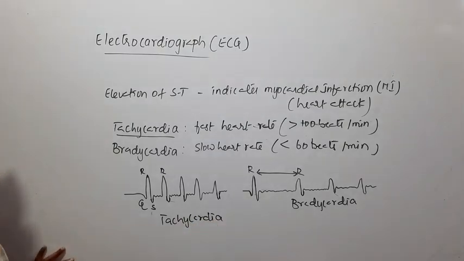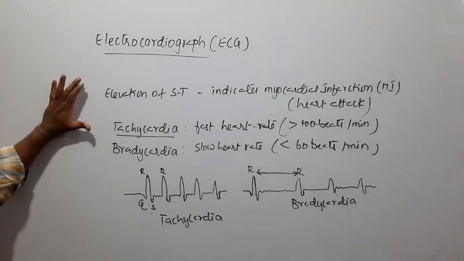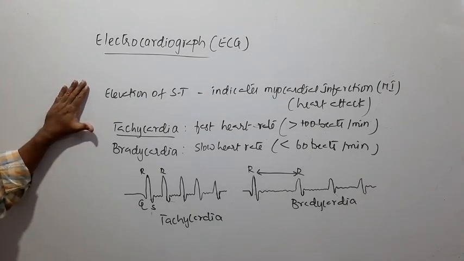Like this, by looking at the graph we can come to know what problem might be with the heart of that person. So this is some information on the ECG, electrocardiograph.